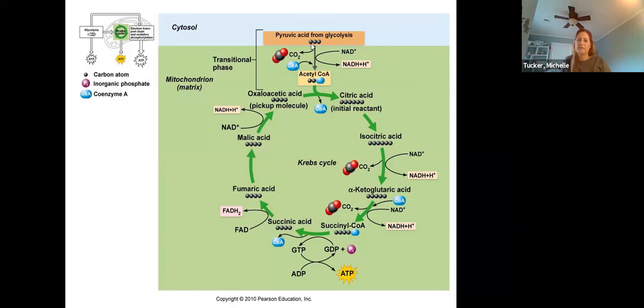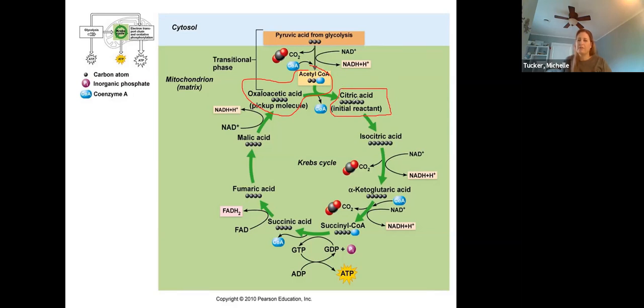In the transitional phase, we produce a CO2 because we need to get down to 2 carbons. We produce an NADH plus H, and it gets transformed into acetyl-CoA to join with oxaloacetic acid, which is 4 carbons, to form citric acid.